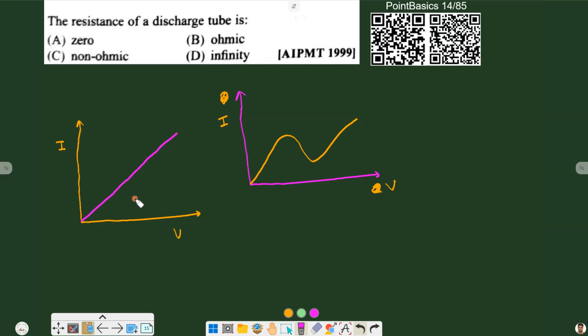So this is an ohmic device, and the behavior we are seeing here is called non-ohmic behavior, because the device is not following Ohm's law. So option C is the right answer. Moving to the next one.